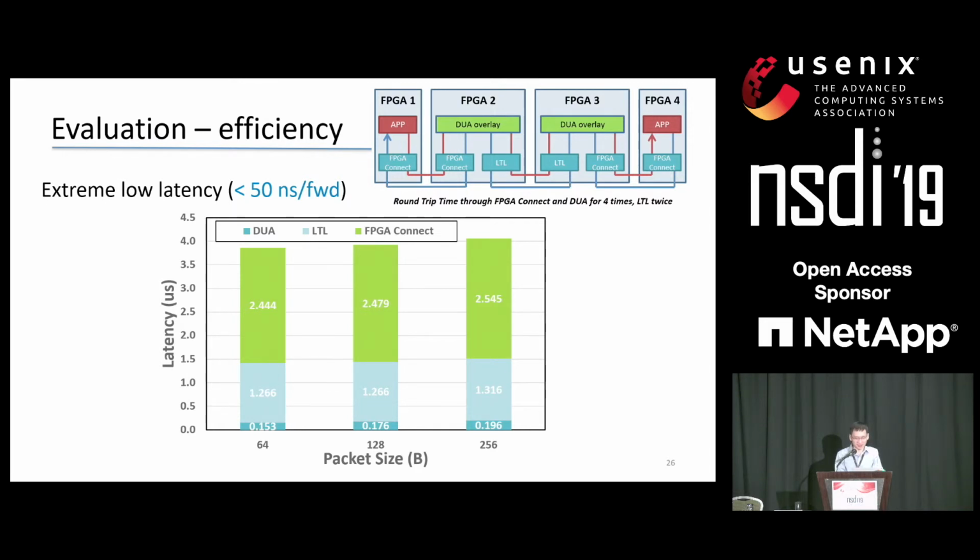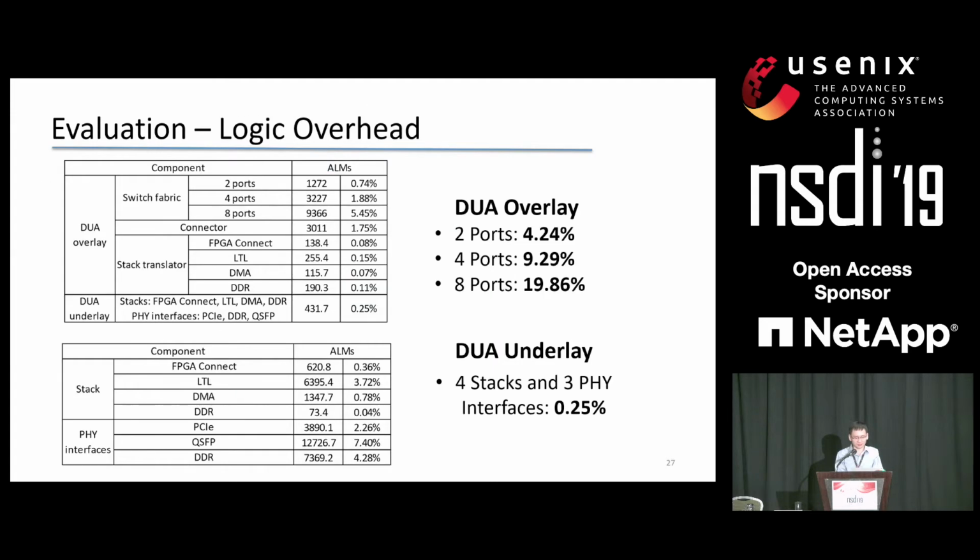The round trip time breakdown is shown in the bottom figure. DUA only introduces less than 200 nanoseconds latency, which is less than 5% of the total latency. And for each forwarding, DUA only causes less than 50 nanoseconds latency.